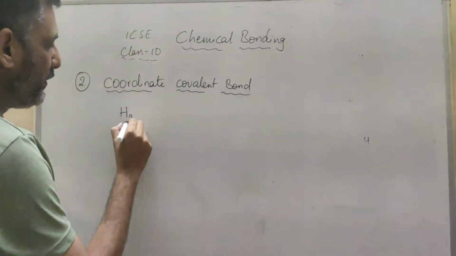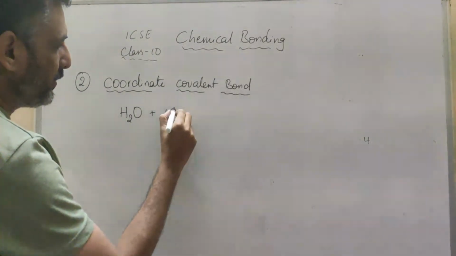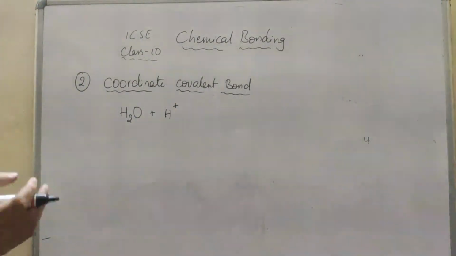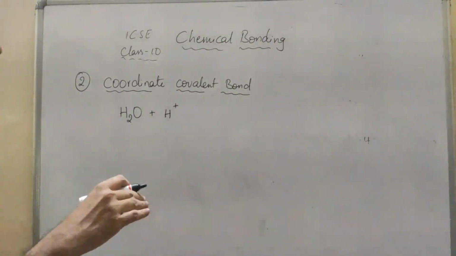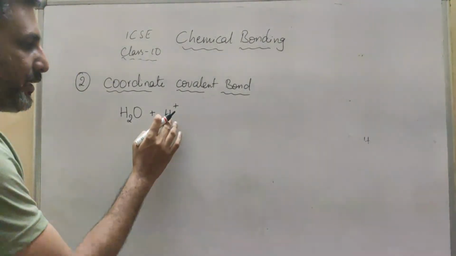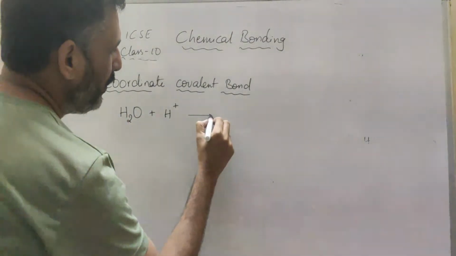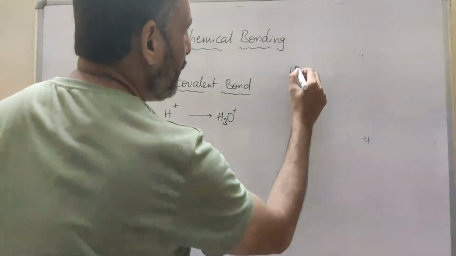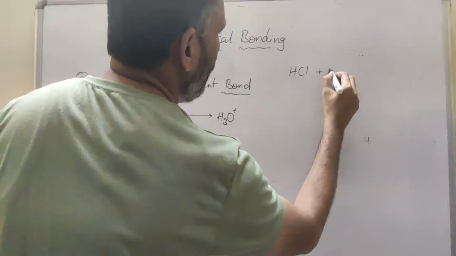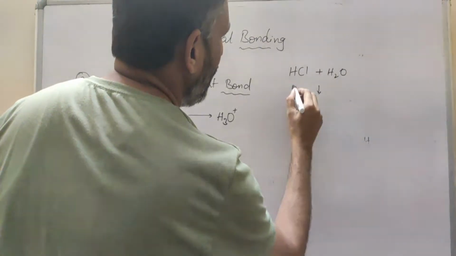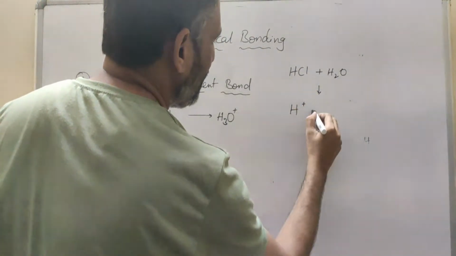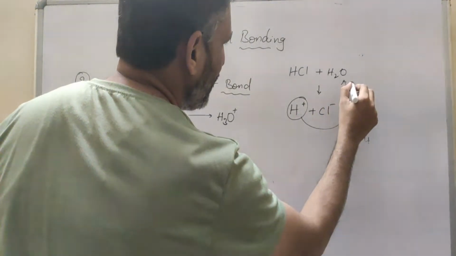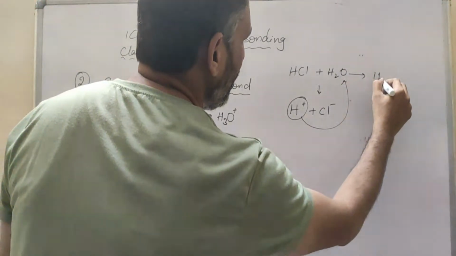When water combines with H plus, as we learn in acids, when you put an acid like HCl or H2SO4 in water, the acid first produces H plus, and then H plus combines with water to give the hydronium ion. For example, if you dissolve HCl in water, it breaks into H plus and Cl minus, and this H plus combines with water and finally gives H3O plus.